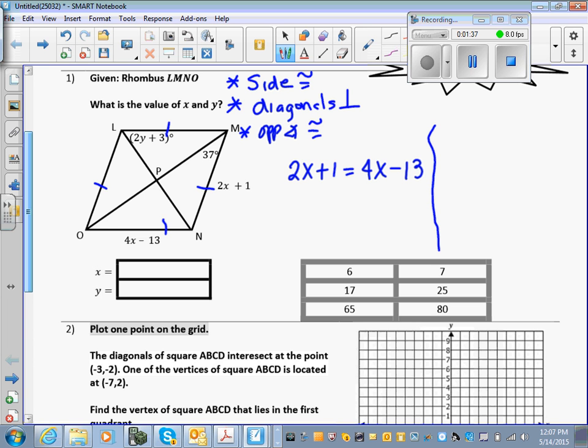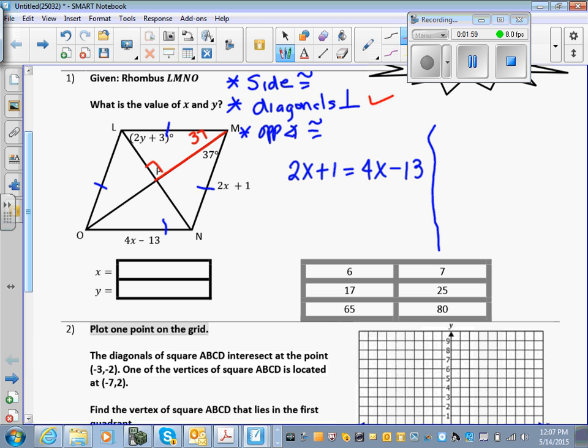I'm not going to completely solve it because I know you guys can do it by yourself, and I don't want to take too much time going over this. The next one is knowing that the diagonals are perpendicular. That means 90-degree angles, and knowing that opposite angles are congruent, and also the diagonal bisects opposite angles into equal parts.